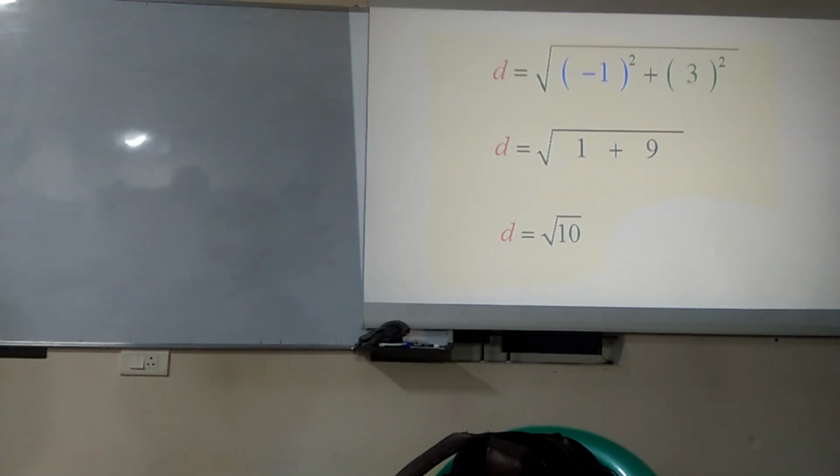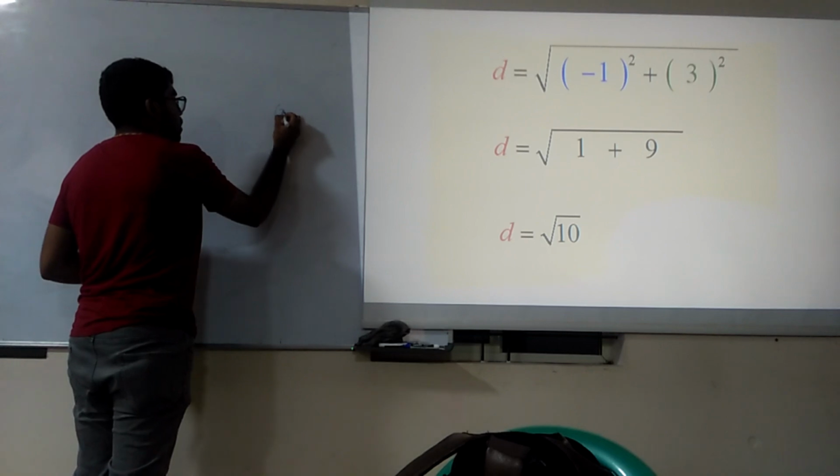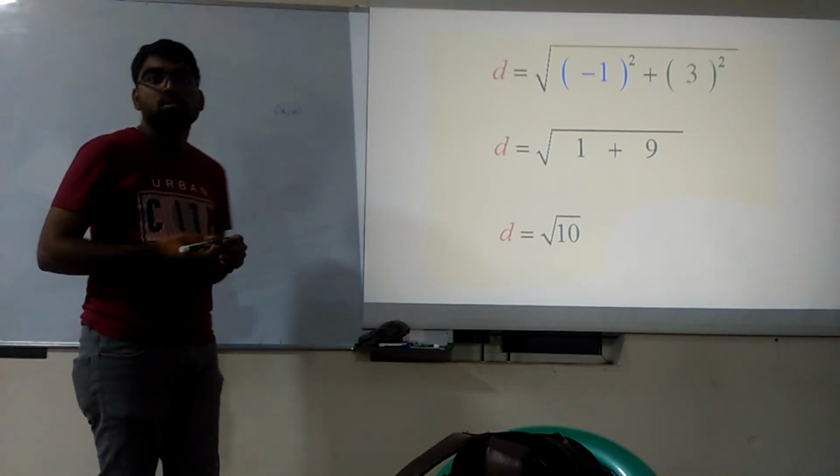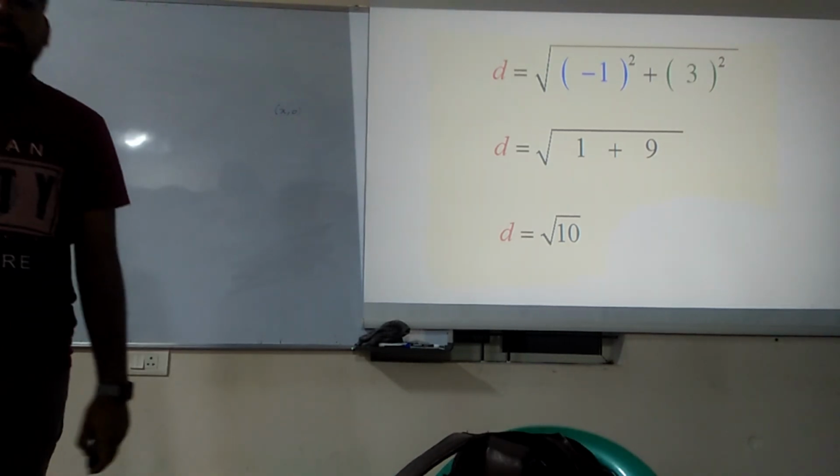The coordinate of a point on the x-axis is of the form x comma 0, like this. It is of the form x comma 0. Yes.